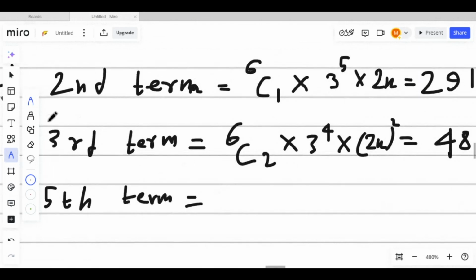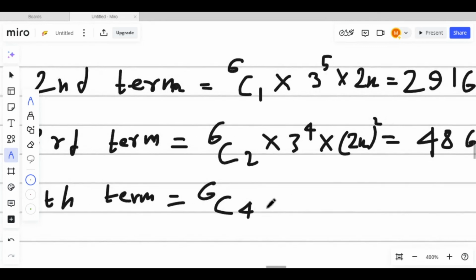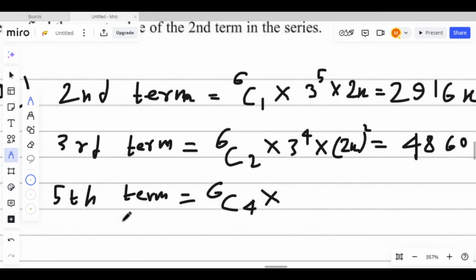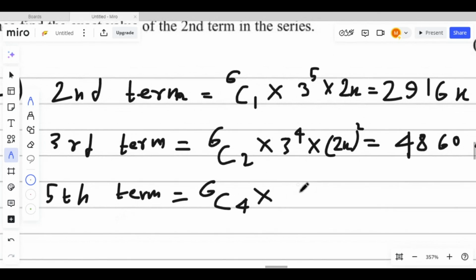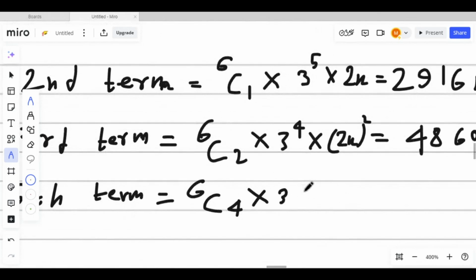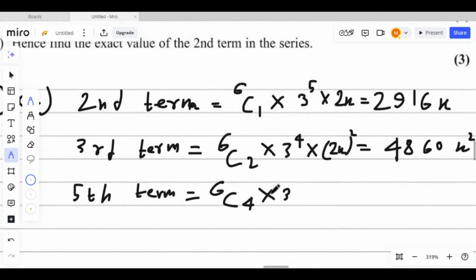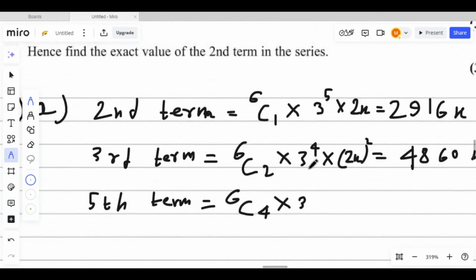For the third term, it's 6 choose 2. So for the fifth term, it will be 6 choose 4 times. For the fifth term, the power of 3 would be what? In the third term, we got 3 to the power 4.